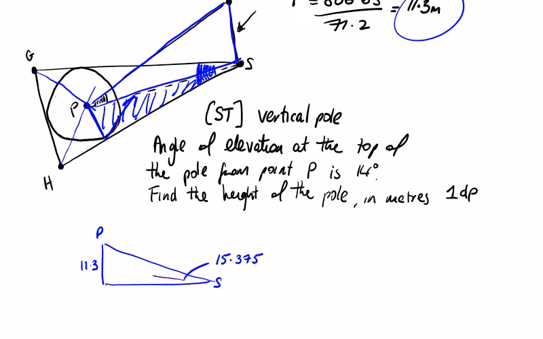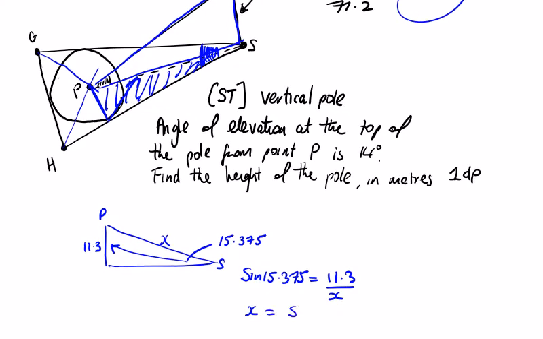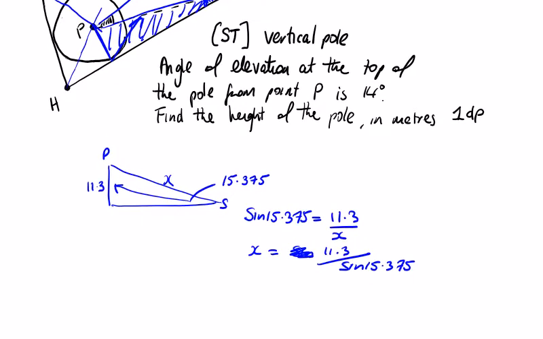So we have O and we need H, so the sine of 15.375 is equal to 11.3 over x. So x is going to be 11.3 over the sine of 15.375. So that gives me PS, which is x, to be 42.62.